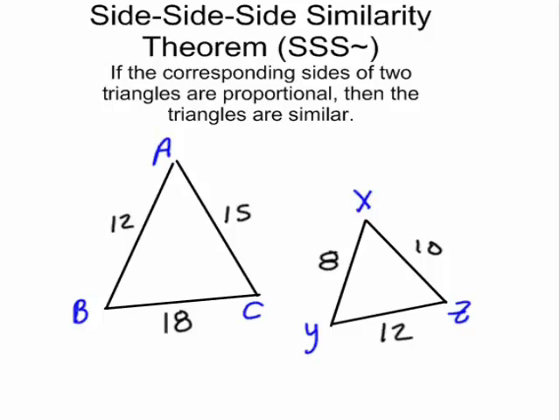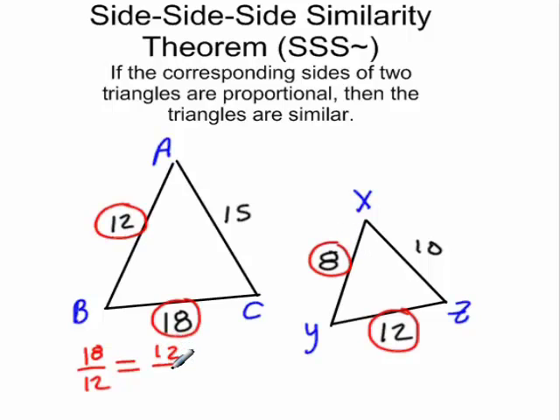My rule of thumb is always to take the larger side of one triangle and set it up in a ratio with the larger side of the second. So we would have 18/12. Then take the smaller one of each and set those up as a ratio. And then we would have the leftovers. Remember our rules of proportions?